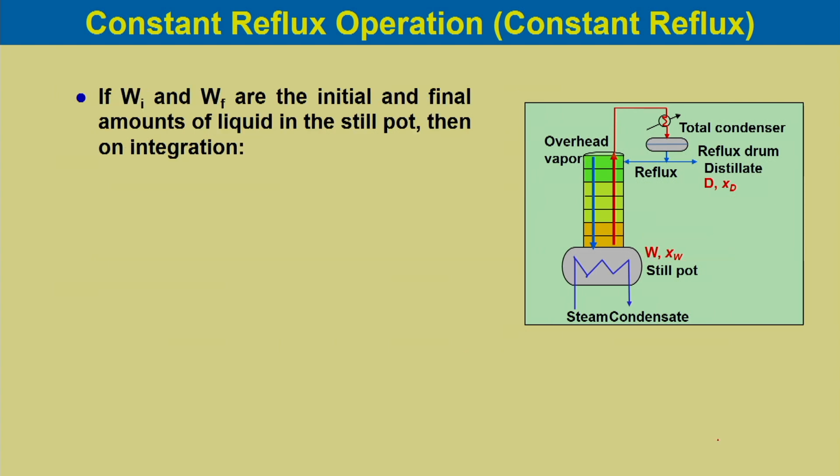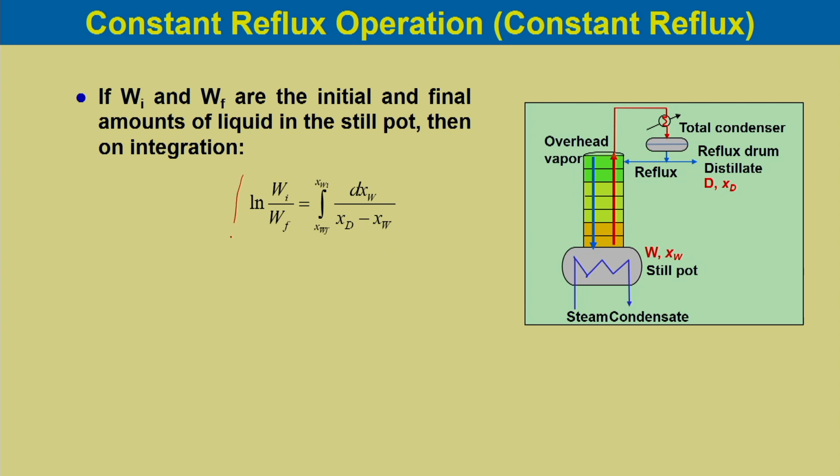Now, if W I and W F are the initial and final amounts of liquid in the still pot, then on integration we get ln(W I by W F) equal to the integral from x W F to x W I of dx W by (x D minus x W).